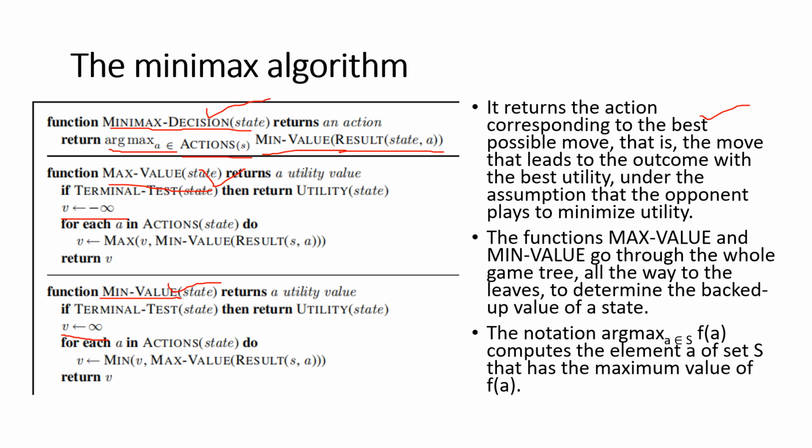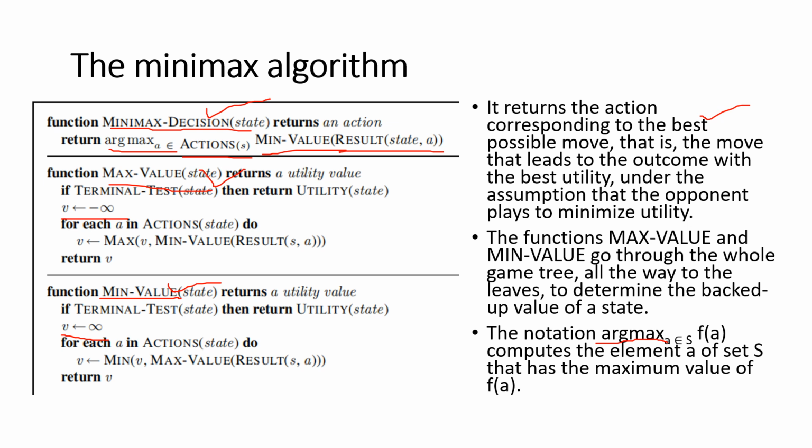And we have seen the argmax. There is a notation argmax, the action that gives the maximum value. So in the previous example, A1, A2, A3 are the actions. If you are doing A1, then the utility value will be 3, and for A2 it is 2, and A3 will be 2. So it will always select the maximum value, so 3 will be selected.